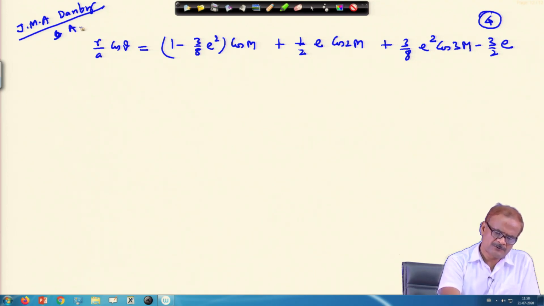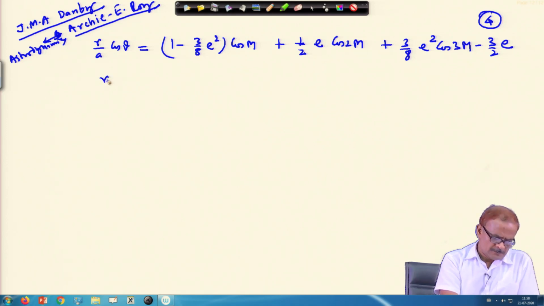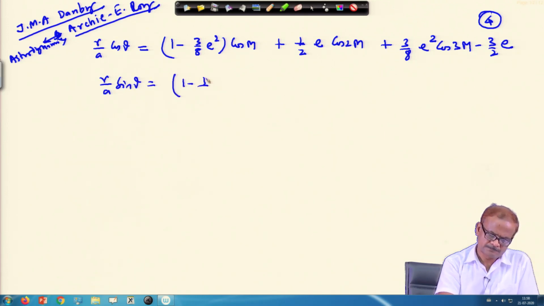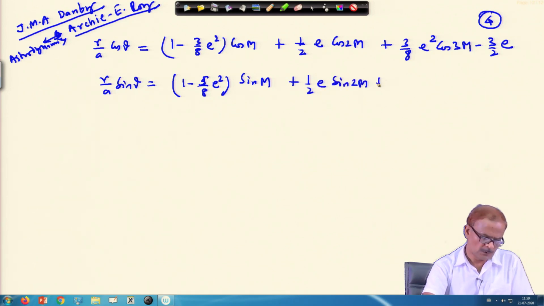And obviously Archie E. Roy, this is on the fundamentals of astrodynamics. All these materials I will provide as soft copy, handwritten soft copy.